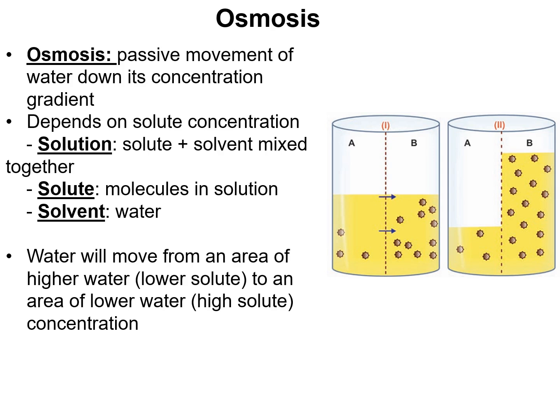The final type of passive membrane transport is osmosis. We talked about water movement across the plasma membrane, and we said that water cannot move freely like oxygen across the plasma membrane, and it requires a specialized protein channel called the aquaporin water channel.